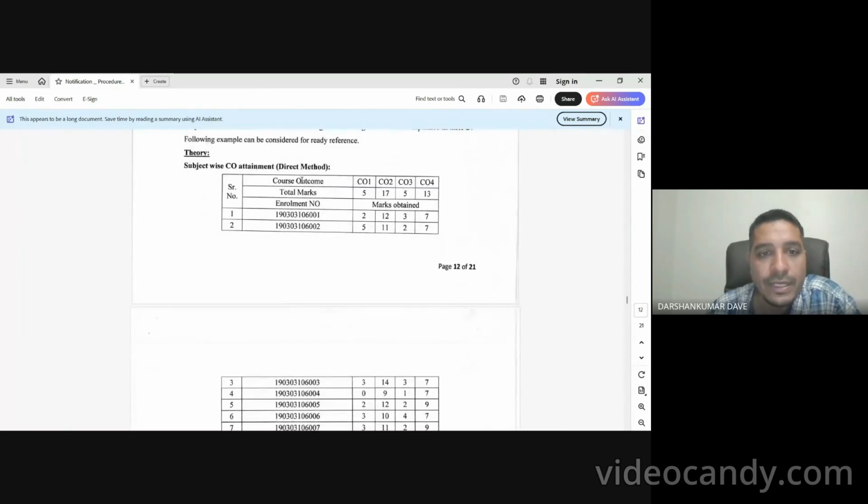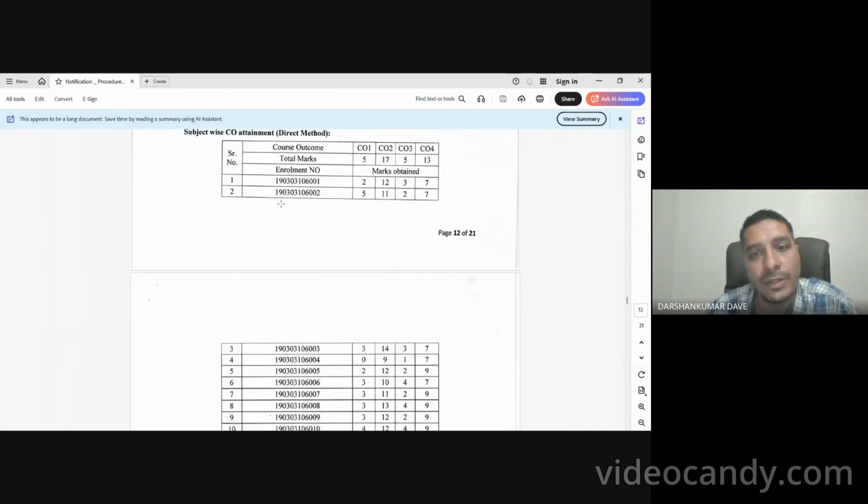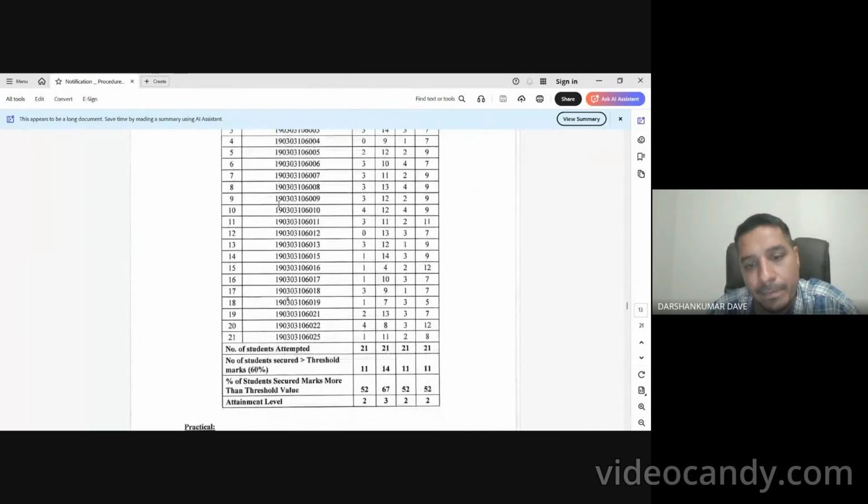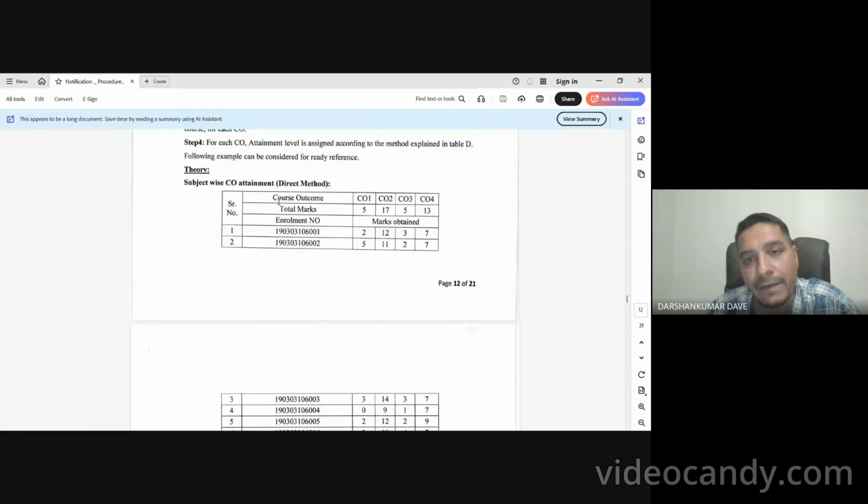So what they do is they write the enrollment numbers of all the students for the courses. This is a score sheet of their internal evaluation, for example. They have written all the COs, and for each CO, the marks a student has obtained are recorded.